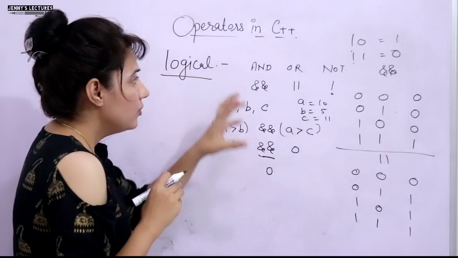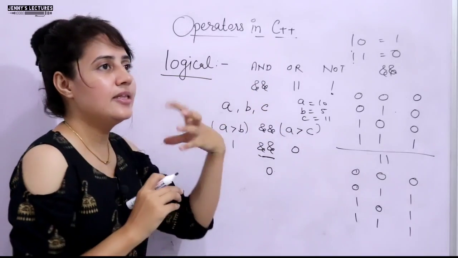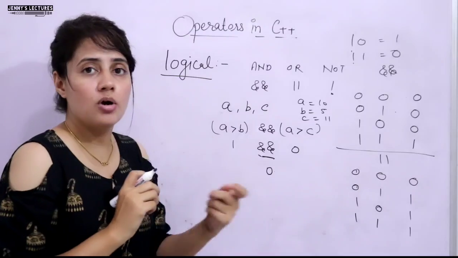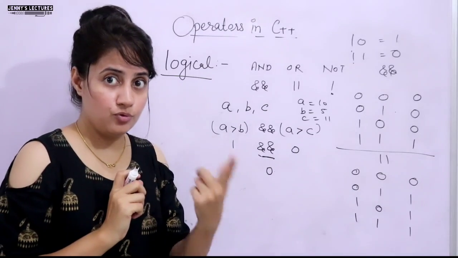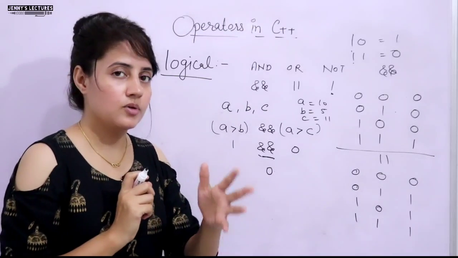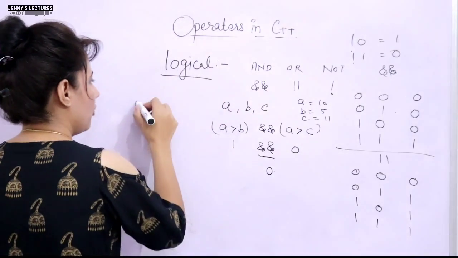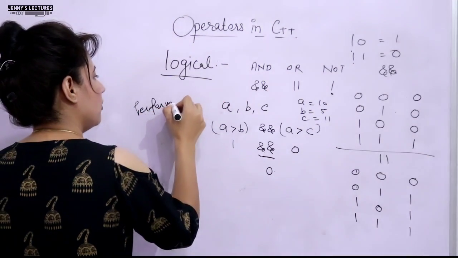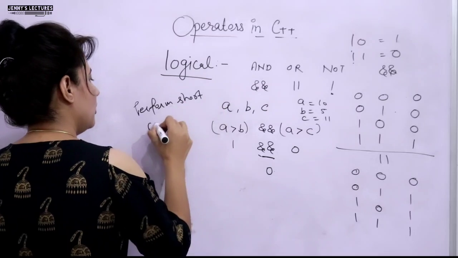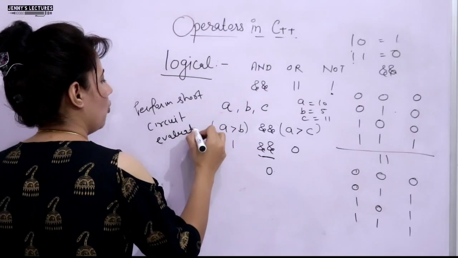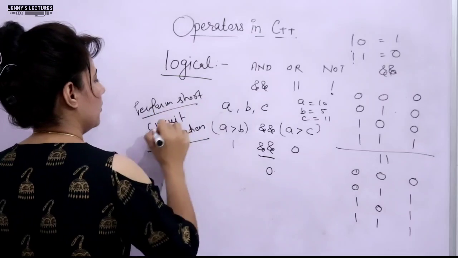Now, how do these operators work? Basically, they work on the method of short circuiting. I hope you know what short circuit is, or let me just discuss this also. Both these operators perform short circuit evaluation. Now what is short circuit evaluation?